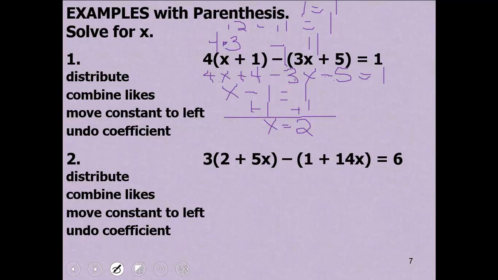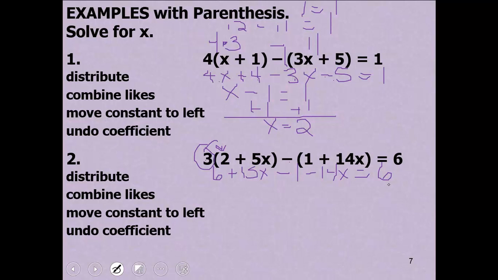All right, welcome back. Here I go. I'm going to distribute this 3, and I get 3 times 2 is 6. 3 times 5x is 15x. This is nothing more than a sign flipper, so I get minus 1 minus 14x is equal to 6. I'm going to combine likes.